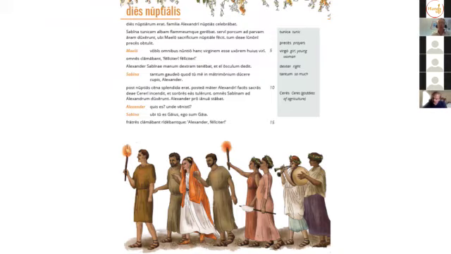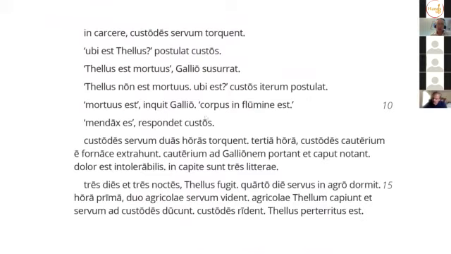Okay, final thing to say on this front of using the text as a source, that sometimes a little phrase like this, in capite tres litterae. This is a scene, quite a difficult scene in many ways, where an enslaved person is being tortured, and he is branded on his forehead.